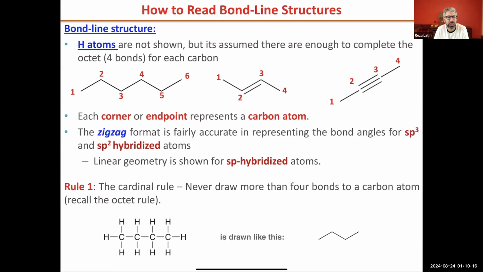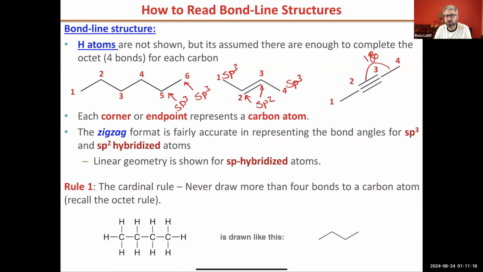We're going to use the zigzag model for any carbon that has sp3 or sp2 hybridization. Those two carbons have sp2 hybridization, but the terminals are sp3. And if it's sp, because the bond angle is supposed to be 180, you cannot use the zigzag model.